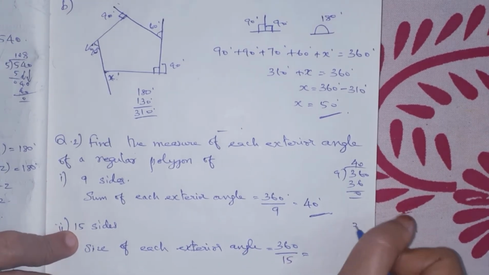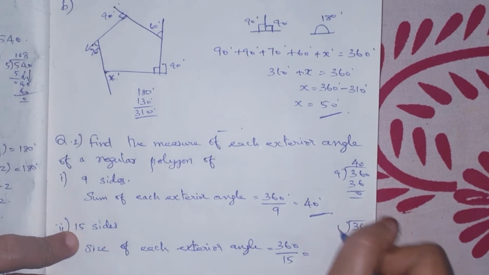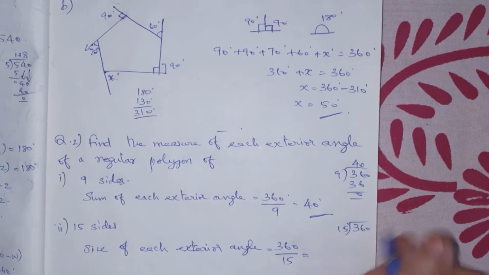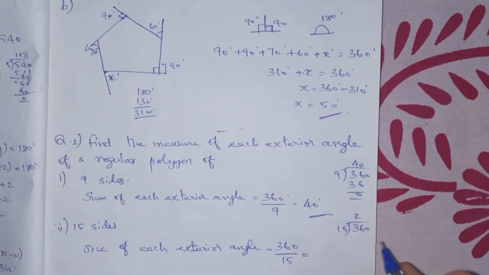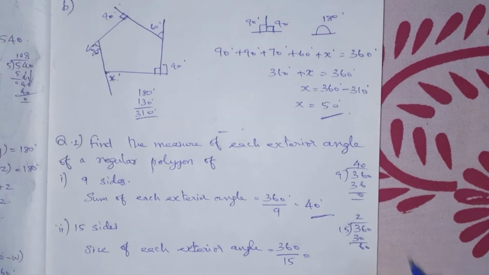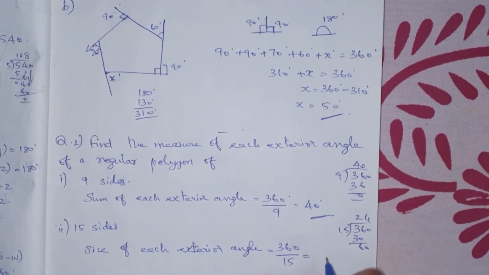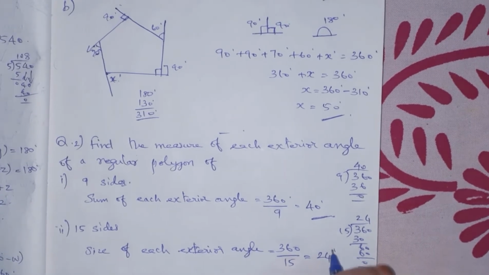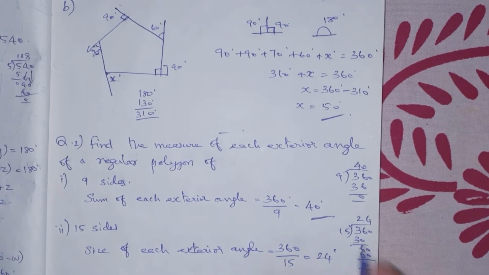Now 360 divided by 15. 15 twos are 30, then 6, 0. So we get 24 degrees. This is the answer.